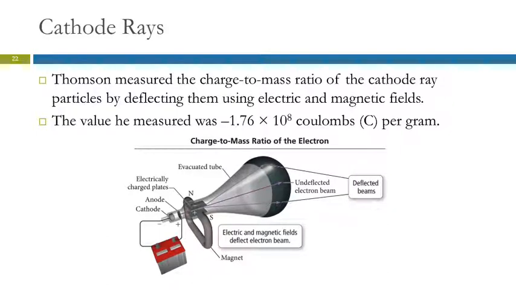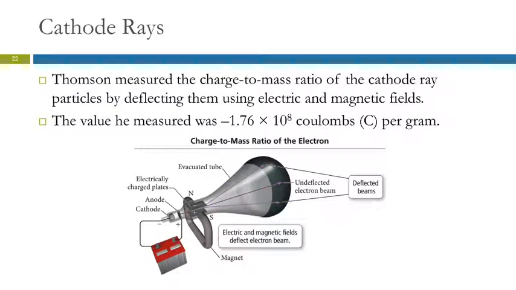He was able to measure the charge to mass ratio by deflecting the ray using electric and magnetic fields. So here's the cathode ray being formed, and it's shooting out into this tube. Here he's got a magnetic field, and there's also an electric field in here. And so by changing the magnetic and the electric fields, he was able to deflect the beam.